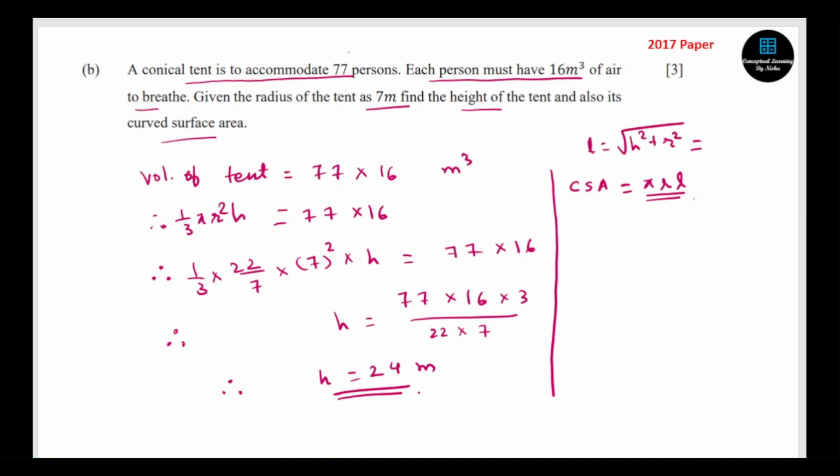Find L. So you have 24, you have 7. So Pythagoras triplets will get 25 meter. Okay, substitute the value and you can show it. And now I can put it over here. So 22 over 7 into 7 into 25. The unit is meter square. So 550 meter square. Right.